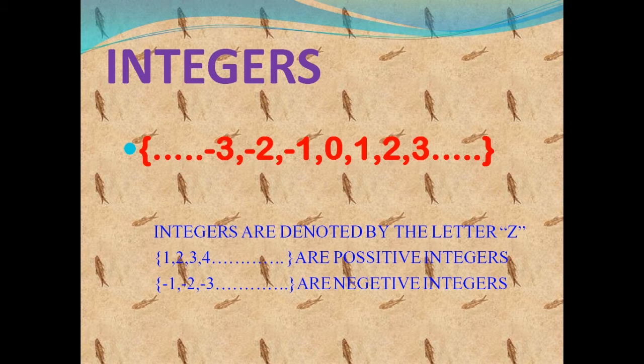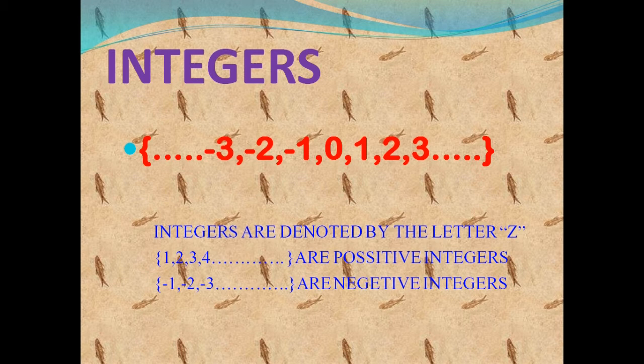Then what are the negative numbers? If you go to the left side in the set, all those are negative numbers: minus 1, minus 2, minus 3, minus 4, like that. Positive numbers and negative numbers are finished, and extra we have 0. So the combination of all these numbers is called the integer set.